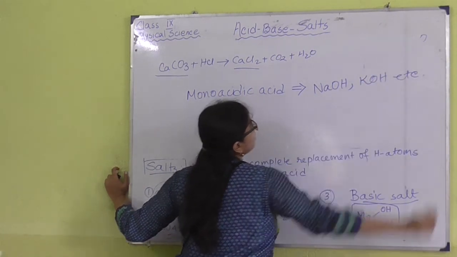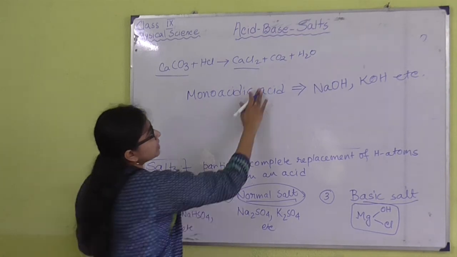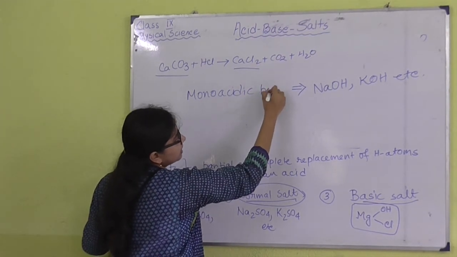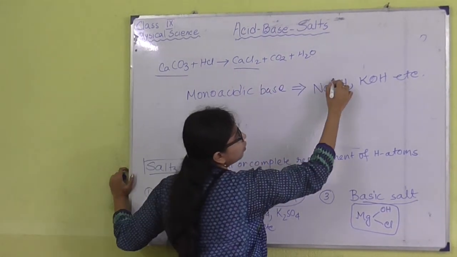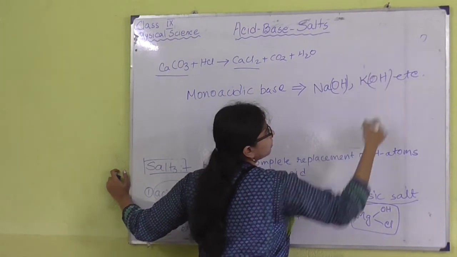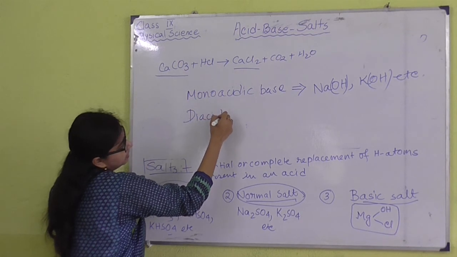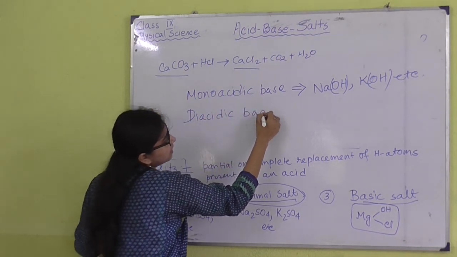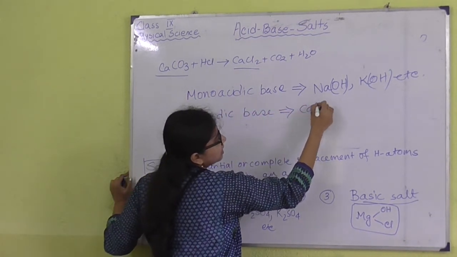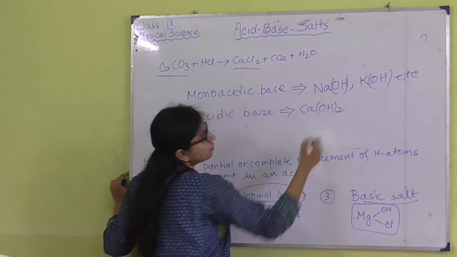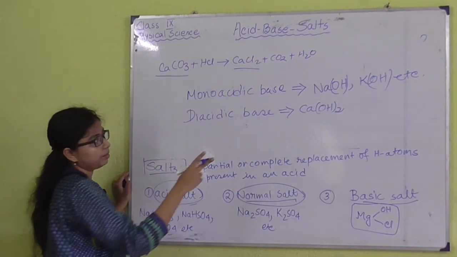They are the example of monoacidic base, where there is one OH group. And we also have diacidic base. Diacidic base means like calcium hydroxide, Ca(OH)2. We have two OH groups.